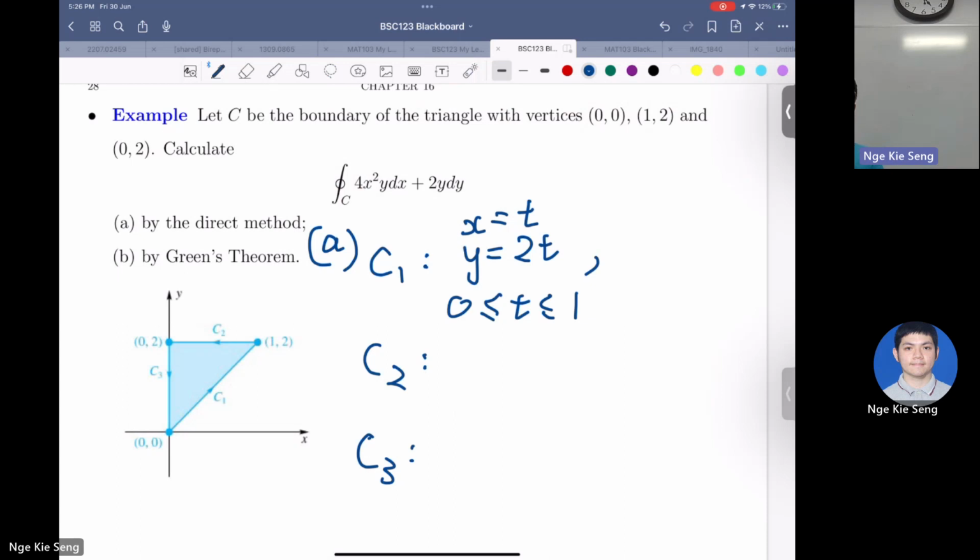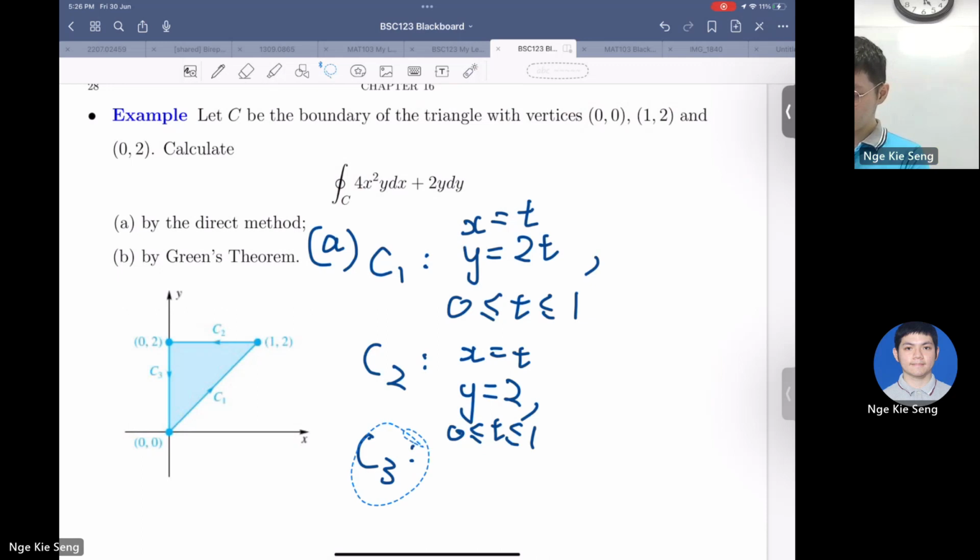What is C2? y equals 2. x equals t. t is going from where to where? Careful, the orientation is going from 1 to 0.